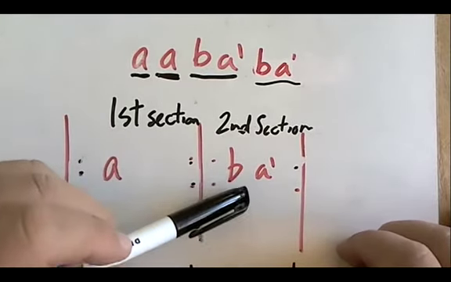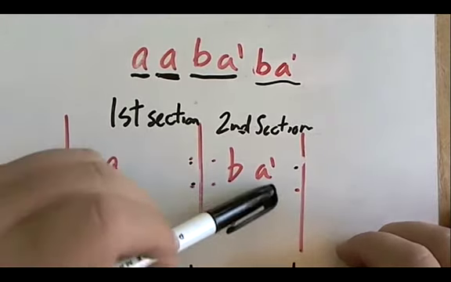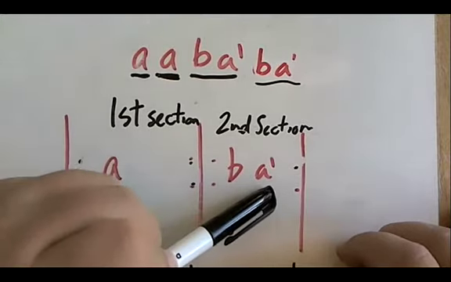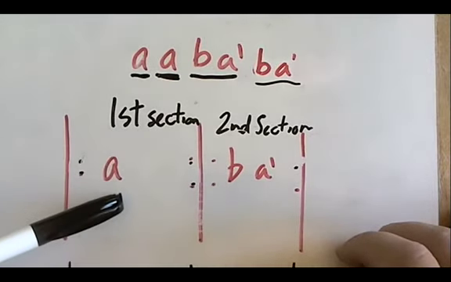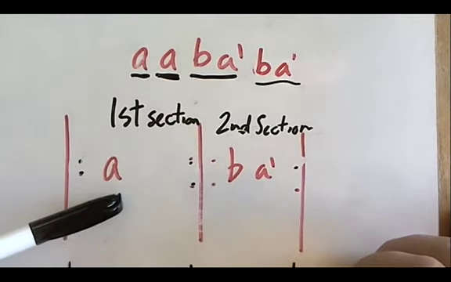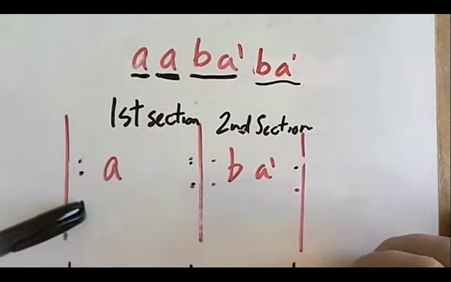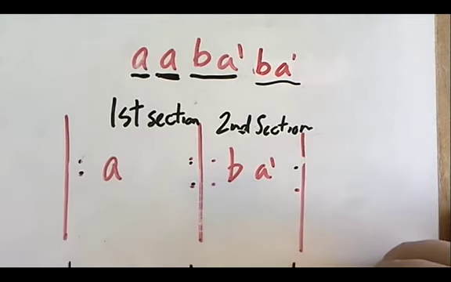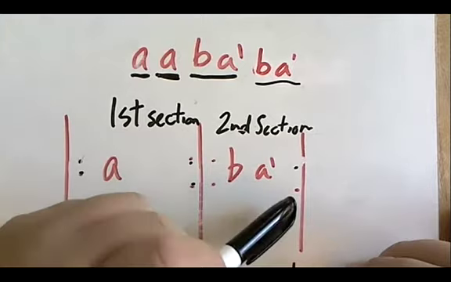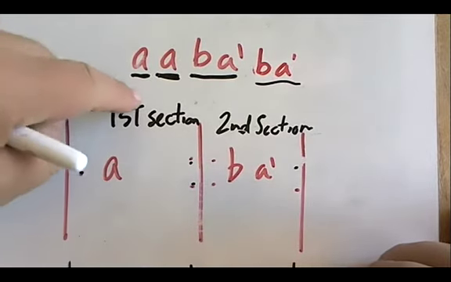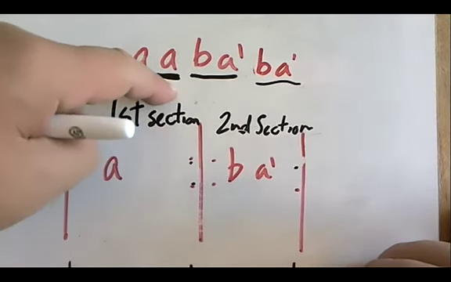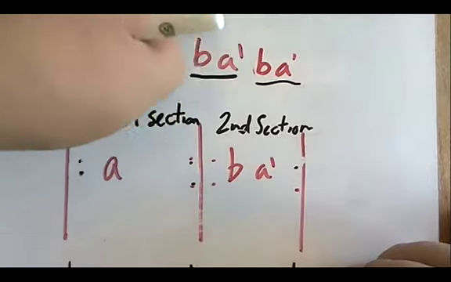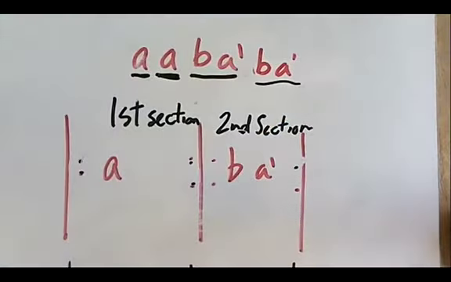And in the classical period, we have this rounded binary concept where the back half of the second section is simply material from here. In this case, it's virtually the same length as this part right here, but it has modifications and differences, and this forms the second section. So first there's a repeat of this section. This whole thing is just a section, and then it's repeated as well.